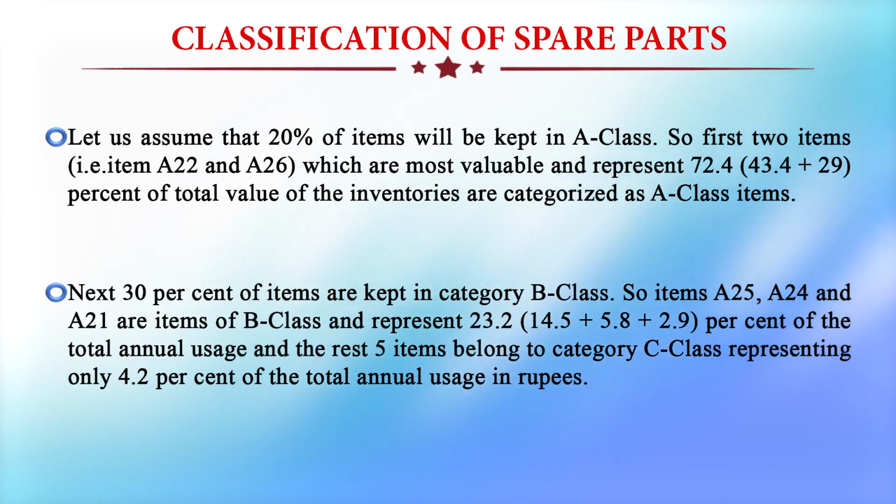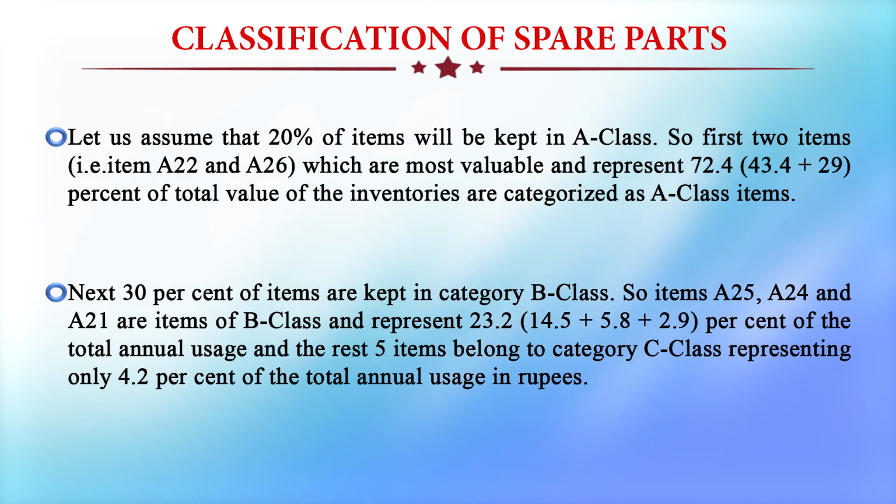And the next 30% of items are kept in category B class. So items A25, A24 and A21 are items of B class and represent 23.2% only of the annual usage, and the rest 5 items belong to category C class, representing only 4.2% of the total annual usage in rupees.